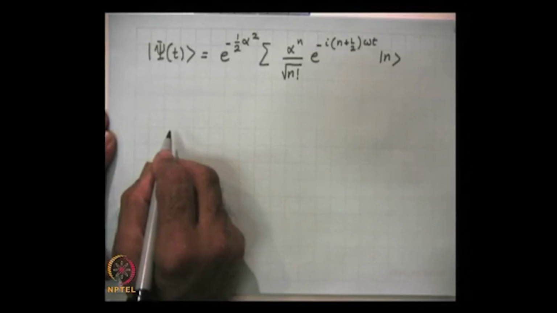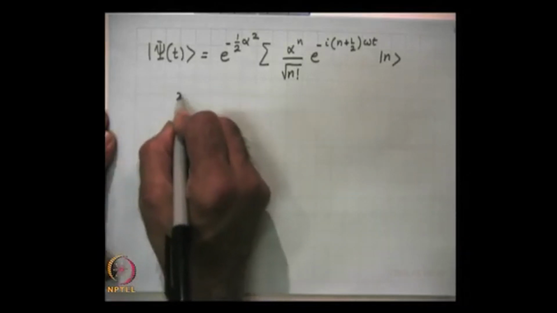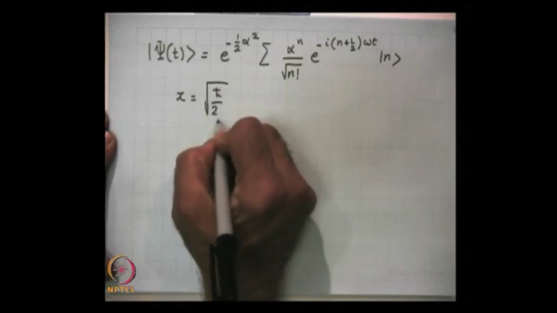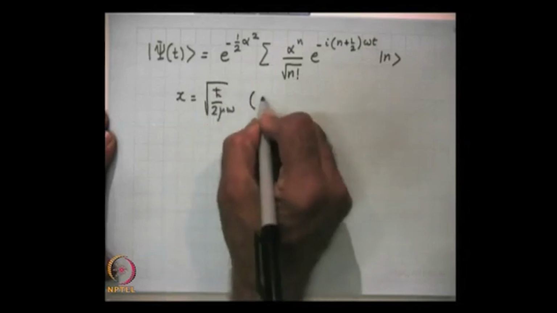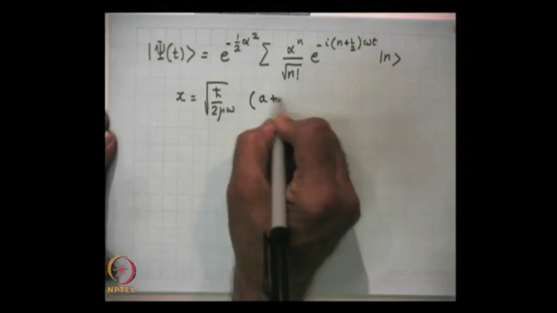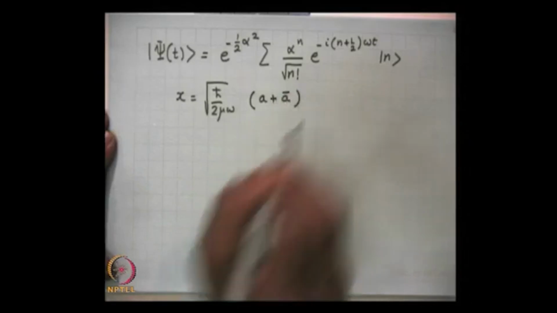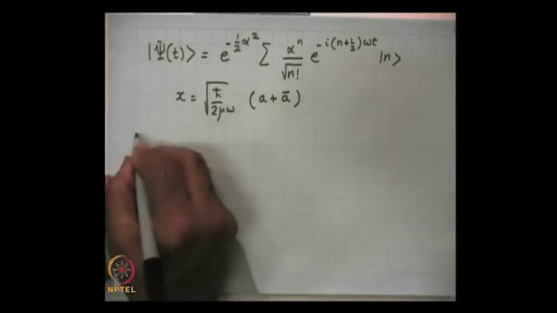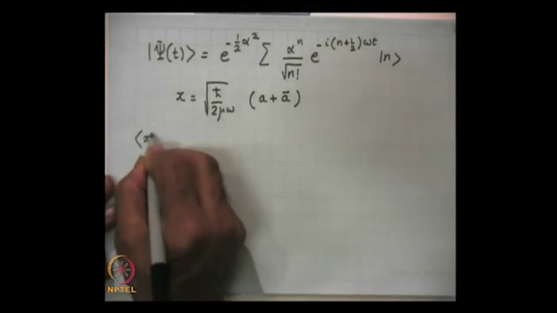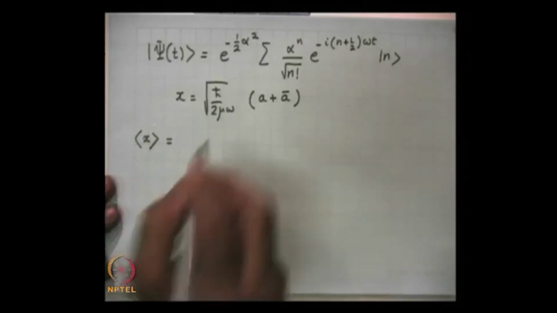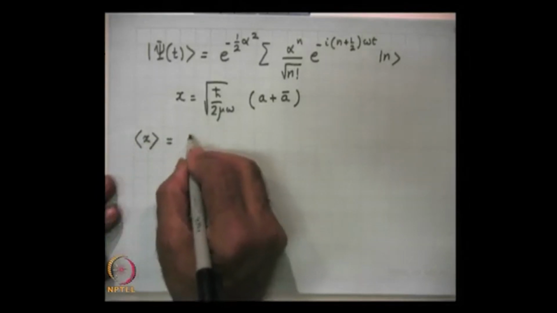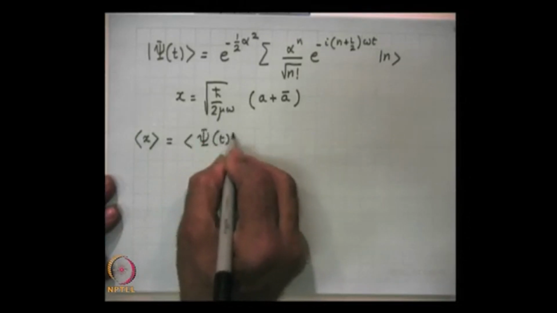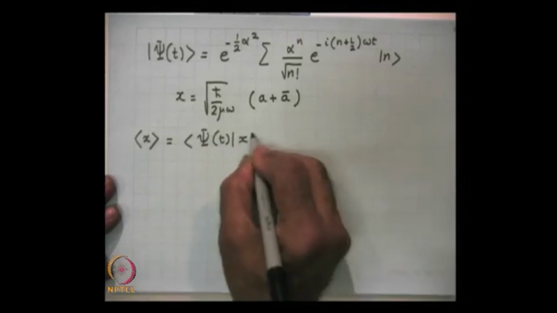You do not have to write it down. And then x is equal to under root of h cross by 2 mu omega, A plus A bar or A bar plus A, it does not really matter. Now I want to find the expectation value of x. So therefore this is bra psi t, x, psi t.